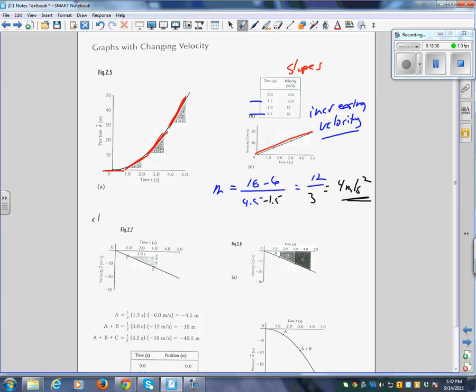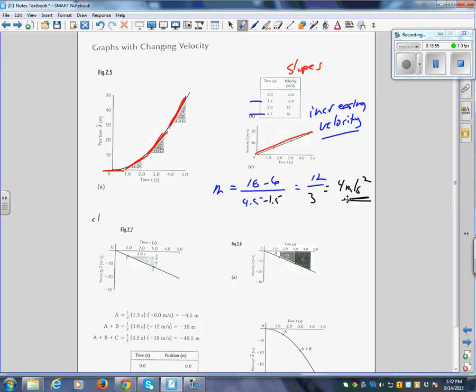The slope of this velocity time graph is a constant 4. This object is accelerating at 4 meters per second squared, which means that every second the speed is increasing by 4 meters per second.